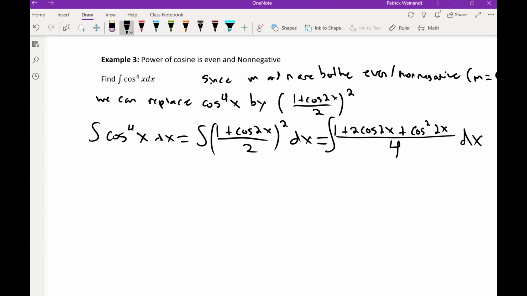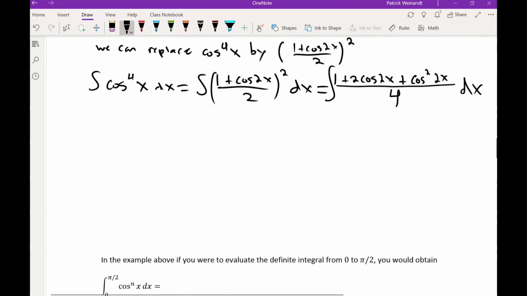Okay, now that seems pretty complicated. What we're going to do is just break up this integral. And you know what? I don't want to break up the integrals just yet. I'm just going to split up this fraction.